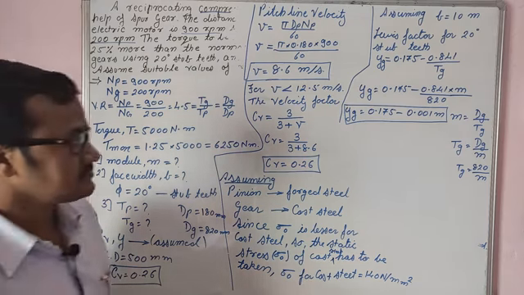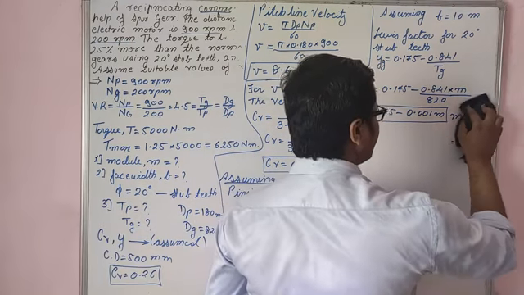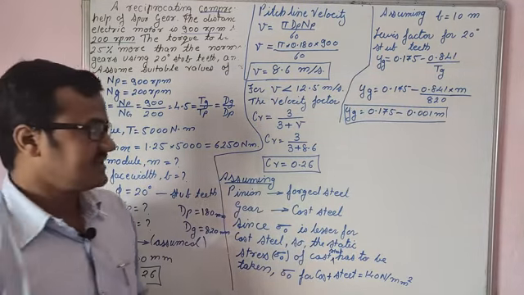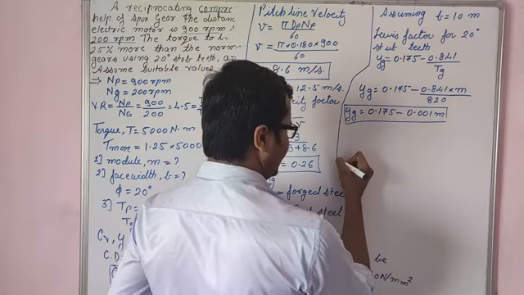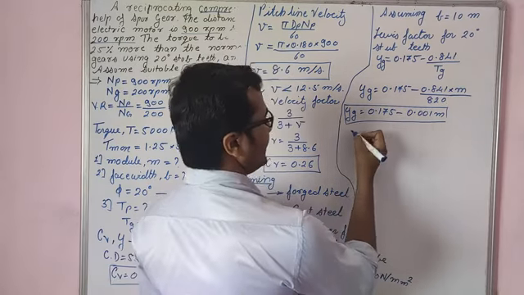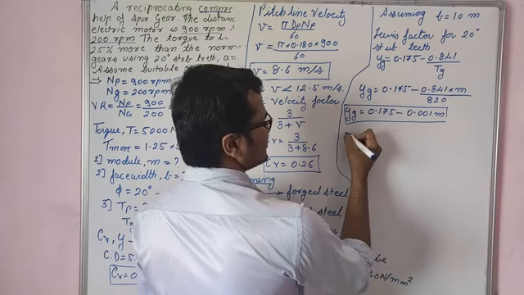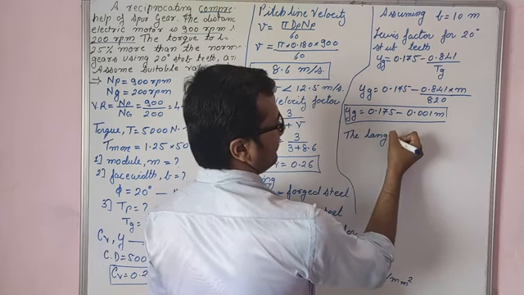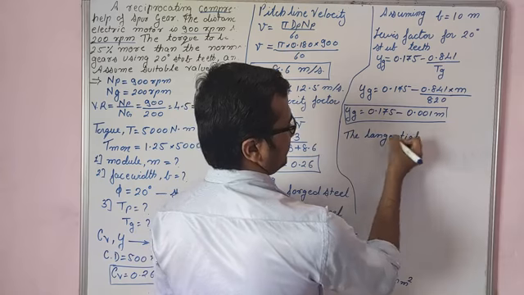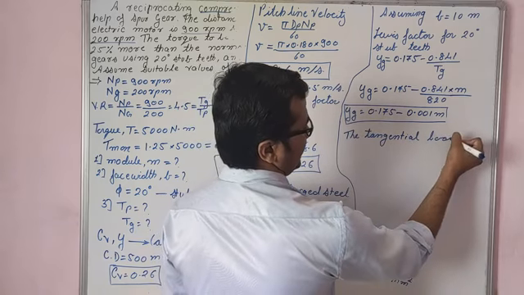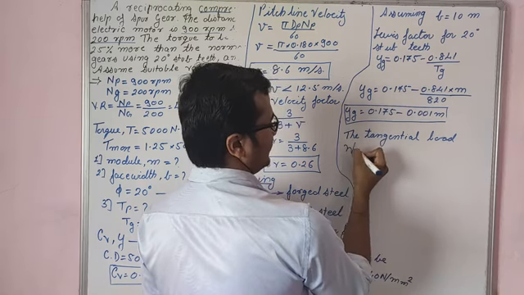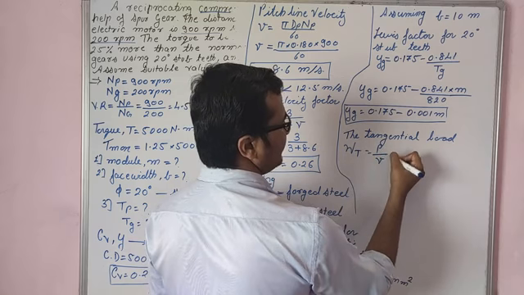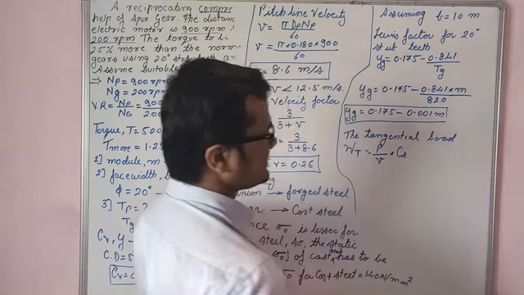Now to use the Lewis equation, one more thing we have to determine, and that is the tangential load. We know that tangential load is determined with the help of power, right? So the tangential load Wt is equal to power upon linear velocity v into the service factor Cs, right?